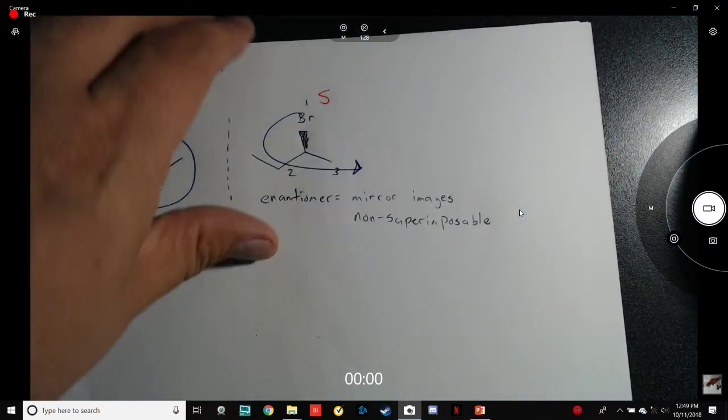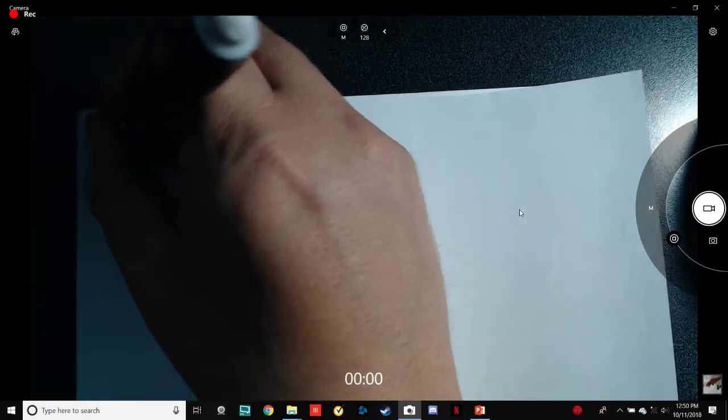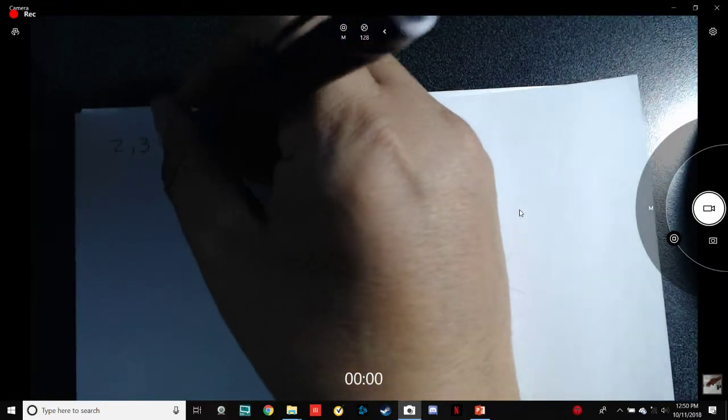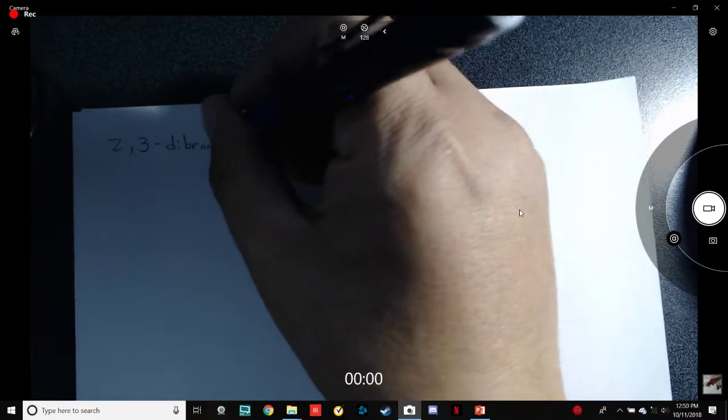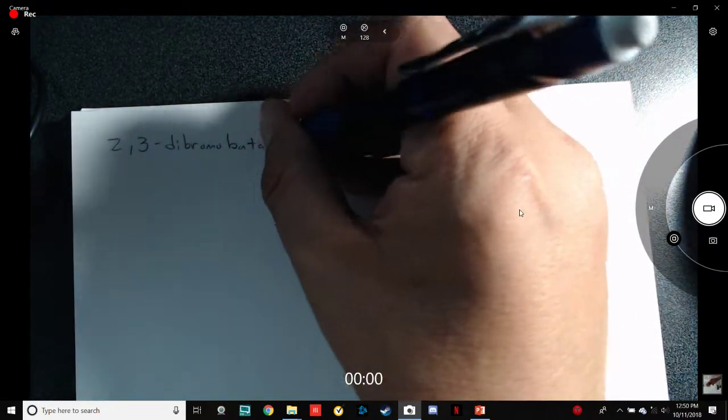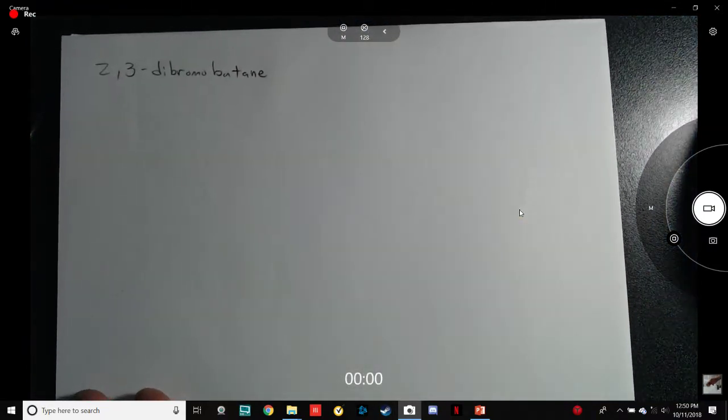All right, let's take a look at a different example now. This is a very classic example: 2,3-dibromobutane.